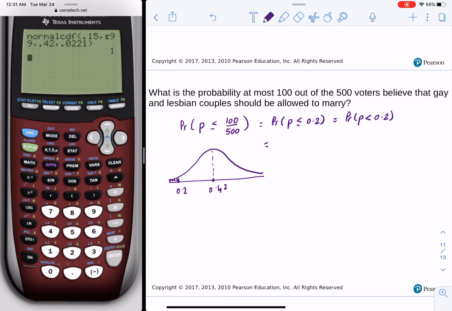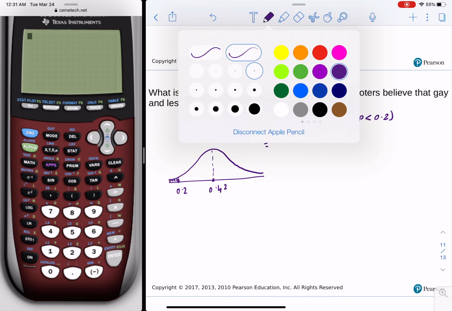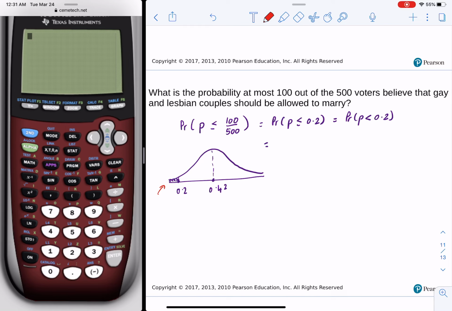So we would have the starting value, or the lower endpoint, at negative infinity, or negative E99. The upper endpoint is 0.2, because we're trying to find an at most probability. So we make use of the calculator. The starting value is negative E99. The ending value is 0.2, the mean is 0.42, and the standard deviation is 0.0221.